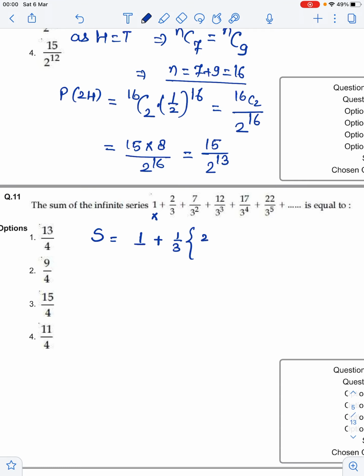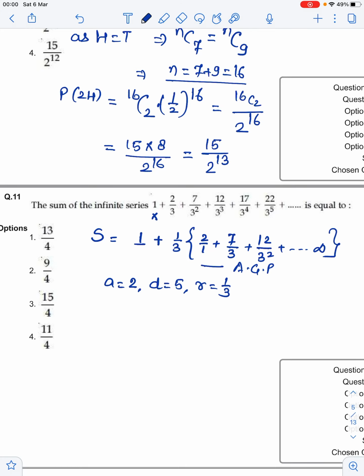So it will be 2 by 1 plus 7 by 3 plus 12 by 3 square, and so on up to infinity. So this is an AGP, for which A is equal to 2, D is equal to 5, we can check, and R is simply 1 by 3.